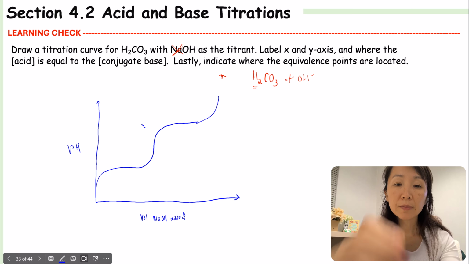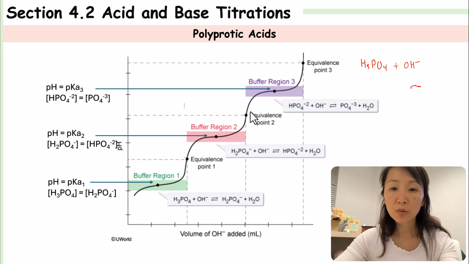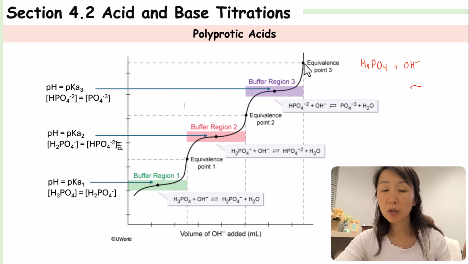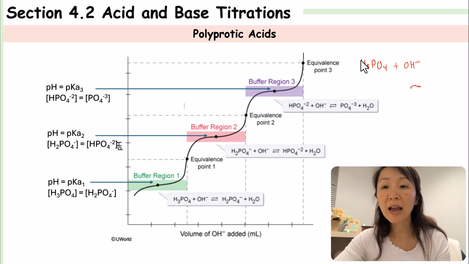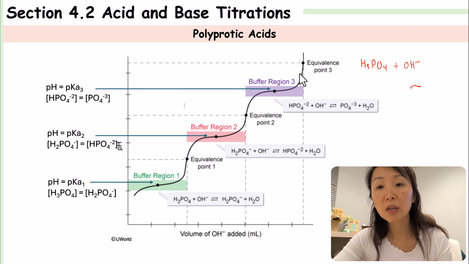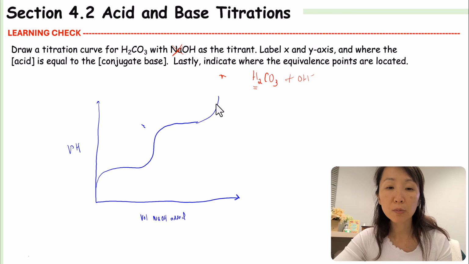If you're ever wanting to know how many humps there are, look at how many equivalence points there are. If there's 3 acids that it can donate, then there should be 3 equivalence points. But for our scenario, we only have 2, so we should have 2 equivalence points here.